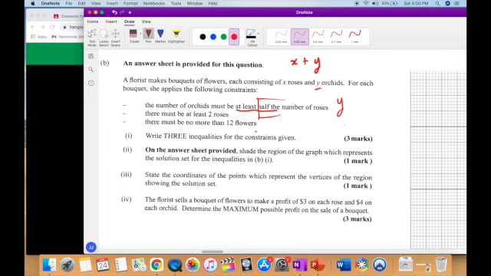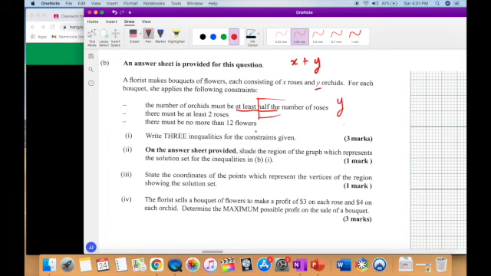I have a gun to your head, Caitlin, and I'm saying, hey, I want at least $2. At least $2 is what you have to give to me. Does that mean I want more than $2 or less than $2? I want at least $2 means the least amount of money I want from you is $2.